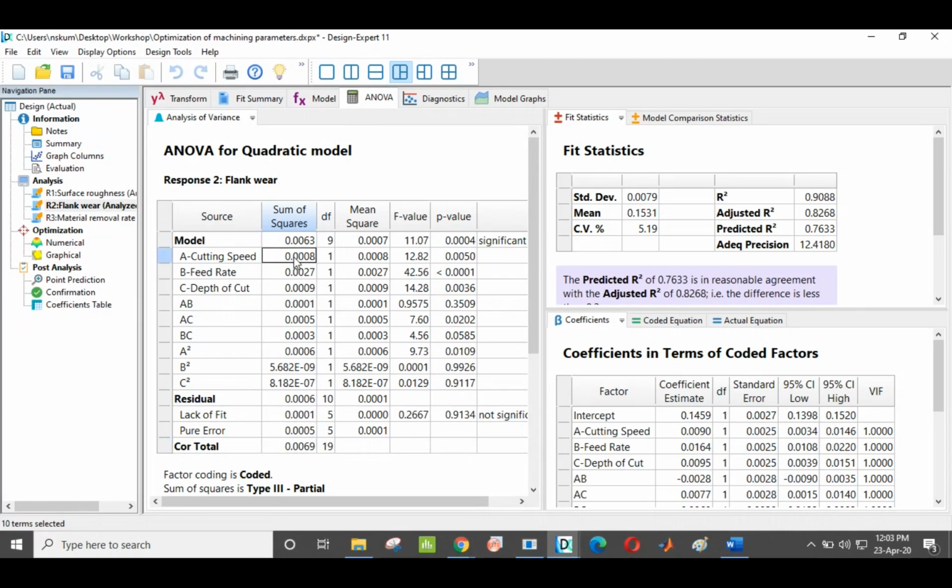That is, the individual terms divided by the correlation total will provide the percentage contribution of individual terms. The residuals are nothing but the lack of fit and error: 0.0006 divided by 0.0069. That is the error percentage. So likewise, we can calculate the percentage contribution.